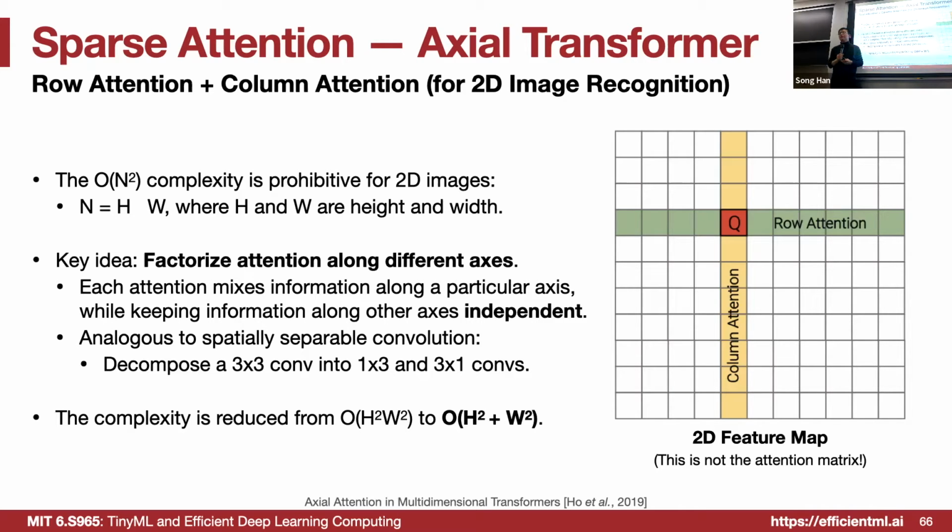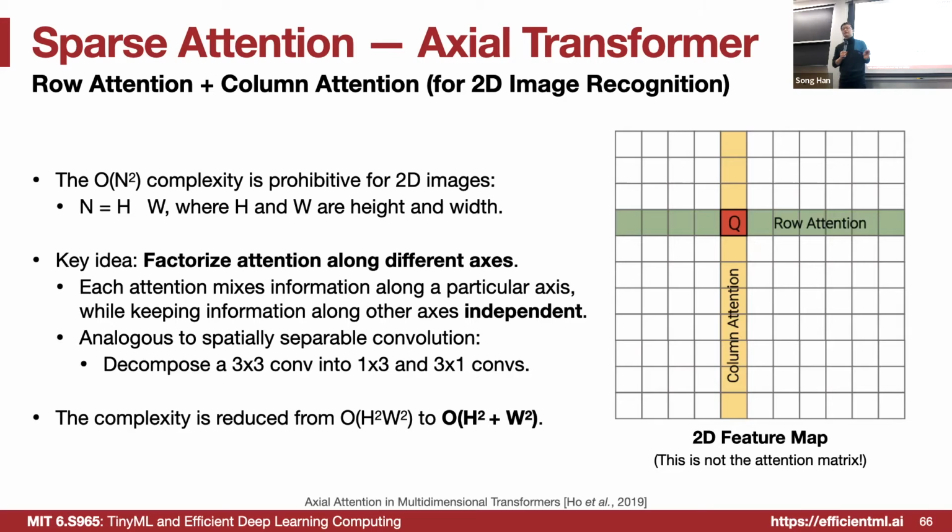So people propose another technique to do the attention mechanism separately, for the rows and for the columns. Rather than each pixel attending to each other, each pixel only attends to the other pixels in the same column or in the same row, right?